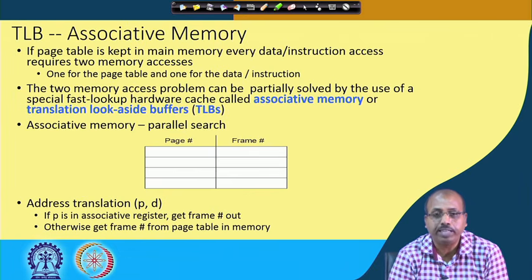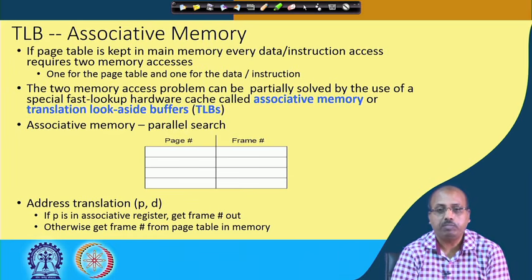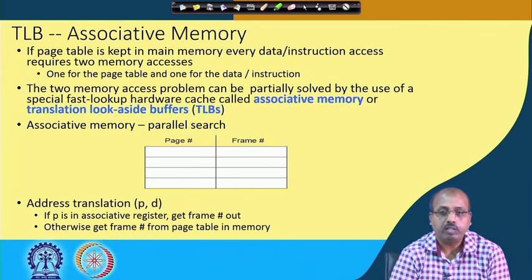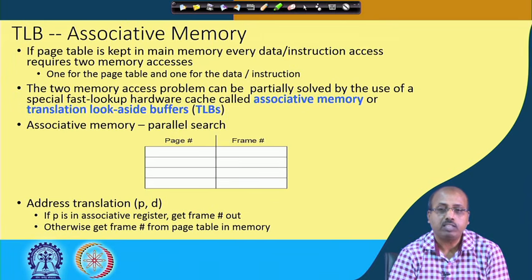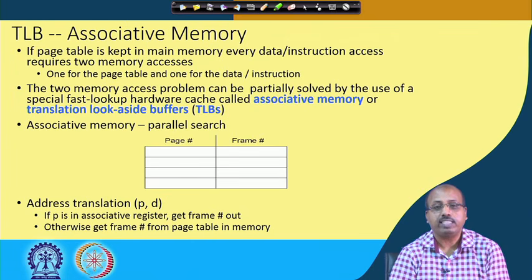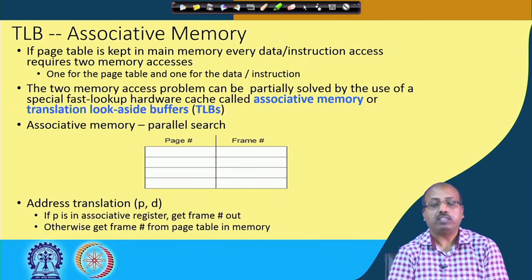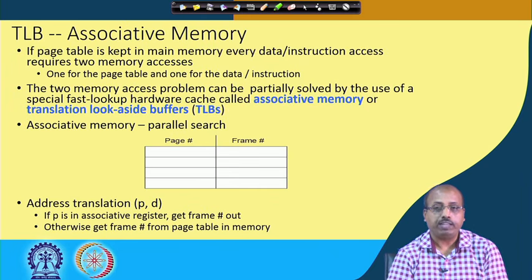So, there is no way to keep the page table in the CPU registers. We have to keep the page table in the main memory only. At the same time, we cannot keep it in secondary storage or disk, because then to access one primary memory location we have to make a secondary storage access, which is much slower than main memory access. So, this whole scheme will fail.